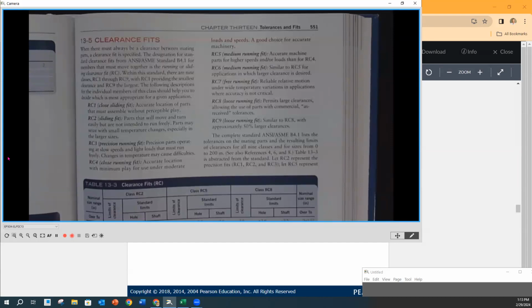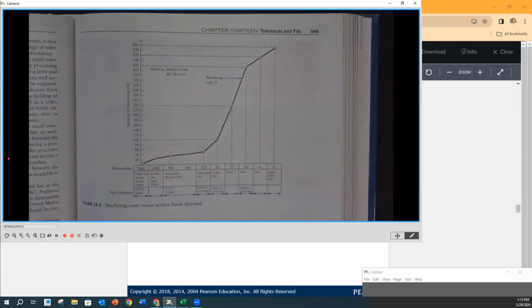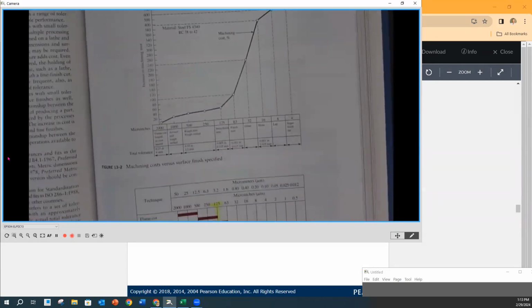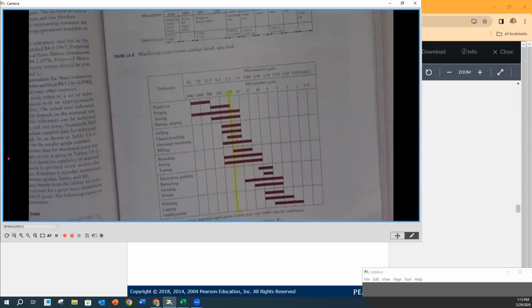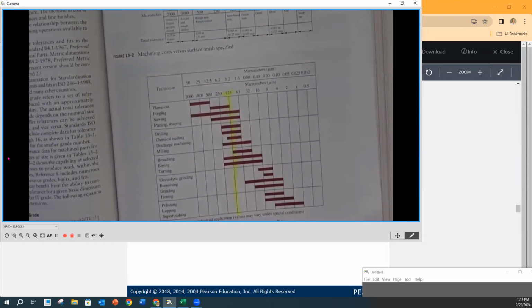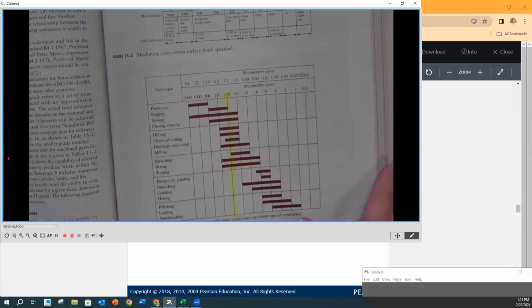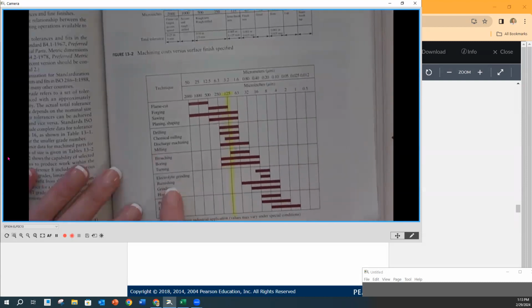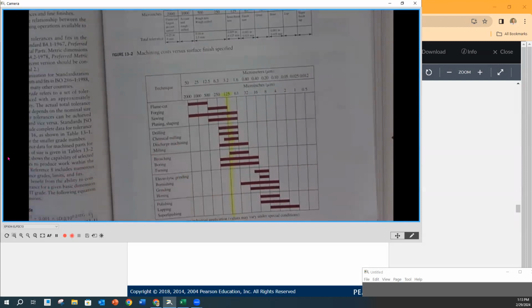That's a good question. Just like when we were over here and we looked at our finishes and the manufacturing processes that are going to achieve those, the tighter the tolerance, you're naturally going to get a better finish. Because when the tolerance is tighter, you're going to be using more accurate machinery to get at it.